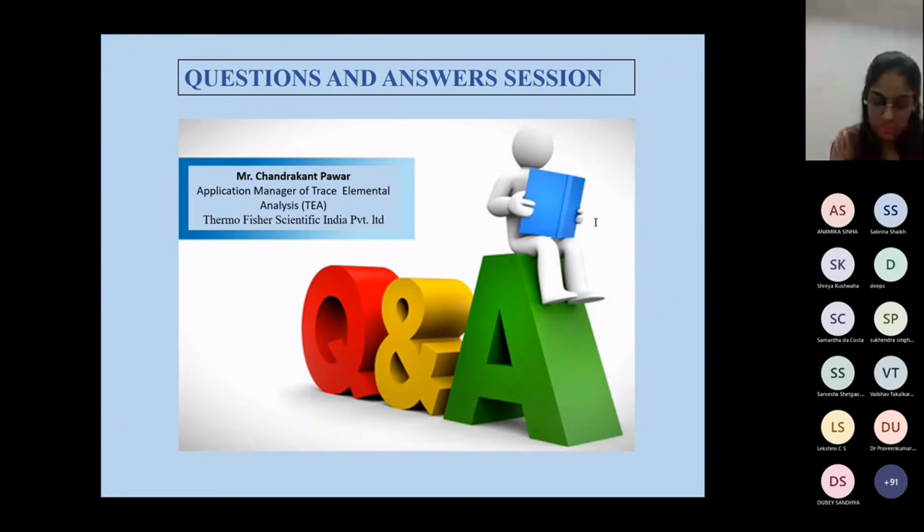The last question: can we determine the TOC, total organic carbon, from the organic elemental analyzer? Yes, you can analyze it. We have that accessory, but I am just saying, don't forget that it is not the same as the TOC analyzer already in the market.